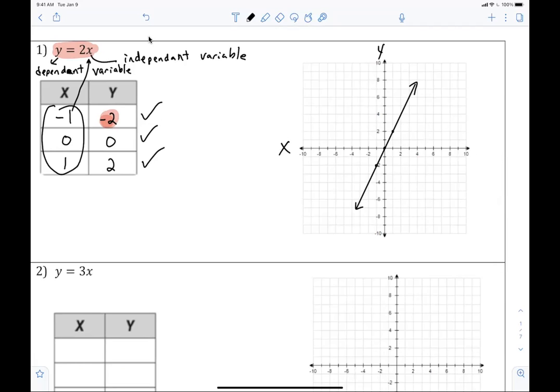That's how you get to the table. If you don't know how to graph, then you need to write in your notes, go to the graph button. If you want to know how to enter data points into the table, you've got to hit second table and then enter the numbers.